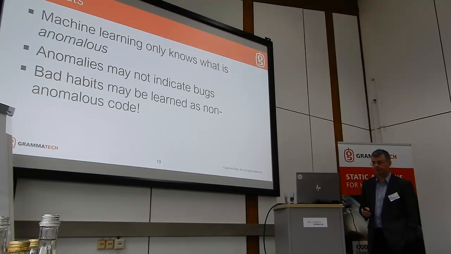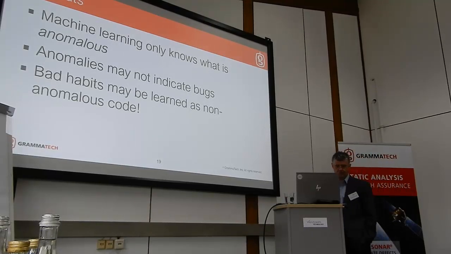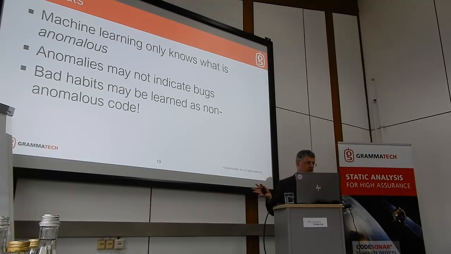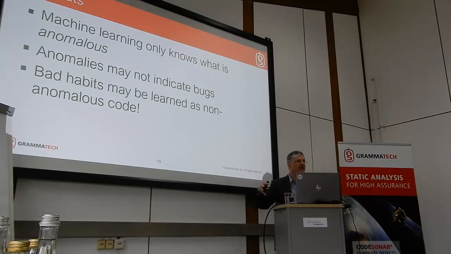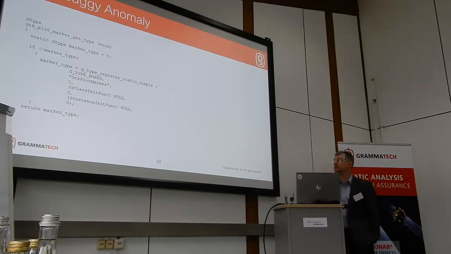And furthermore, machine learning, as used in this context, can also learn bad behavior. So if there are enough instances of bad code out there, then there's a potential that it will flag good code, because it's not the same as the commonly occurring bad code as a bug. So our experience is that that's fairly rare. But here's an example.